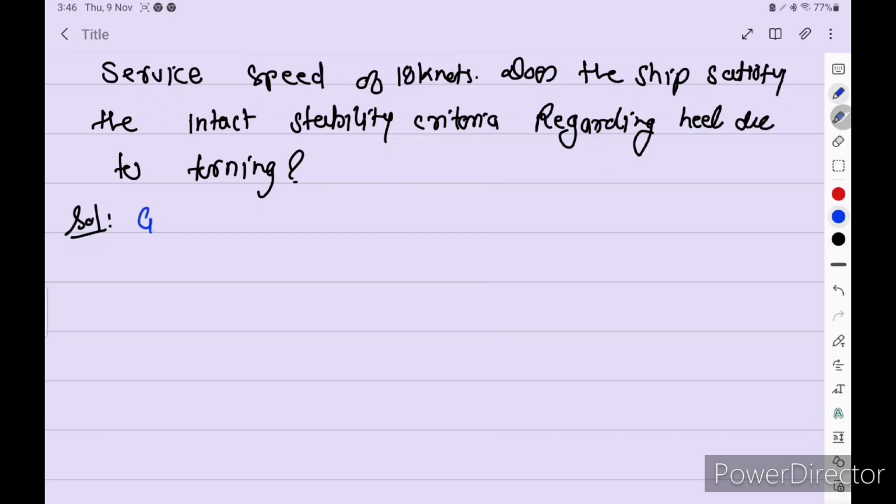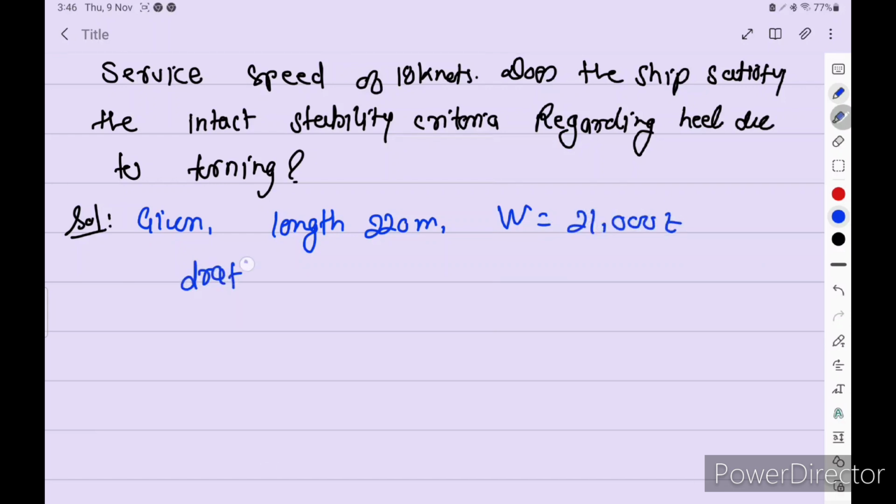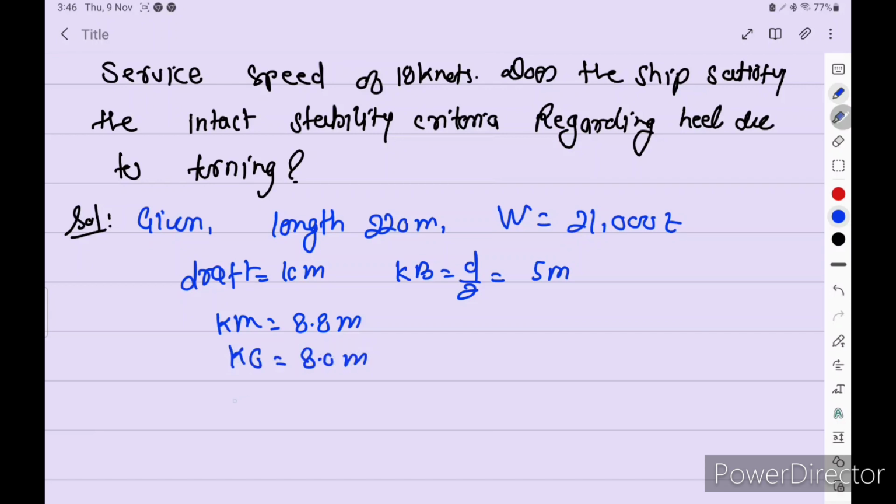What is given in the question? Length 220 meters, displacement is 21,000 tons, draft is 10 meters, so KB is draft by 2 is equal to 5 meter, KM is 8.8 meter, KG is 8 meter, so GM is equal to 0.8 meter.